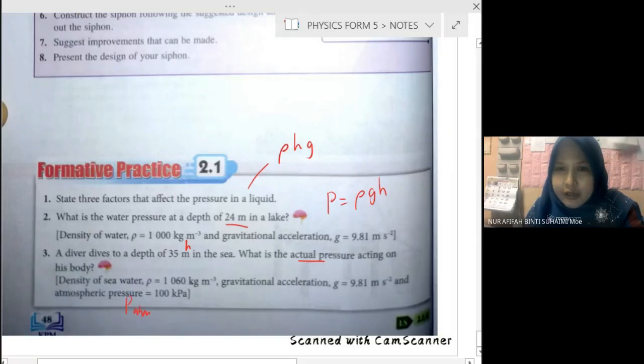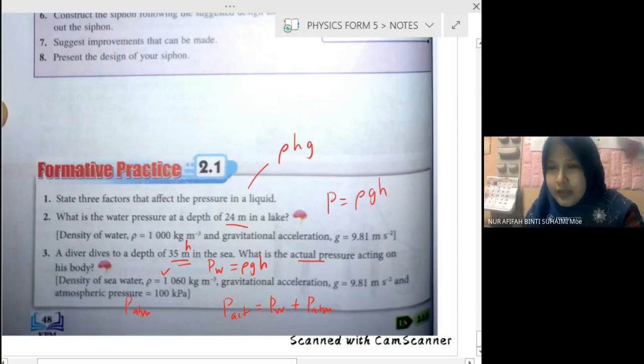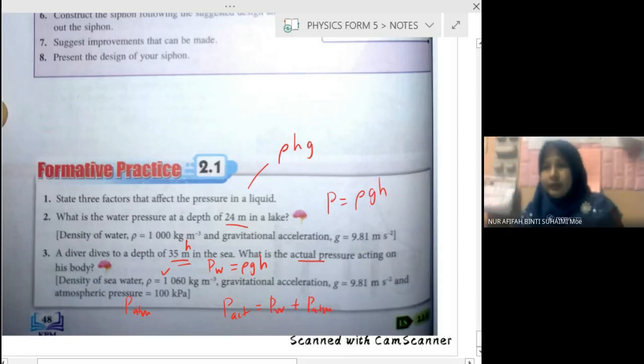You just find out the pressure of water equal to rho g h. Rho is the density of water given, g is 9.81 and h is 35 meter. And then to find the actual pressure, you just add.